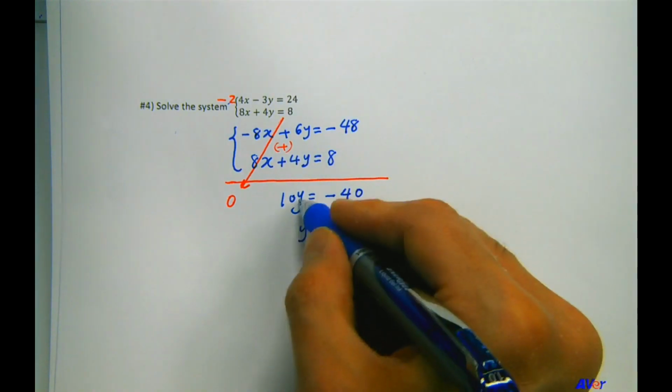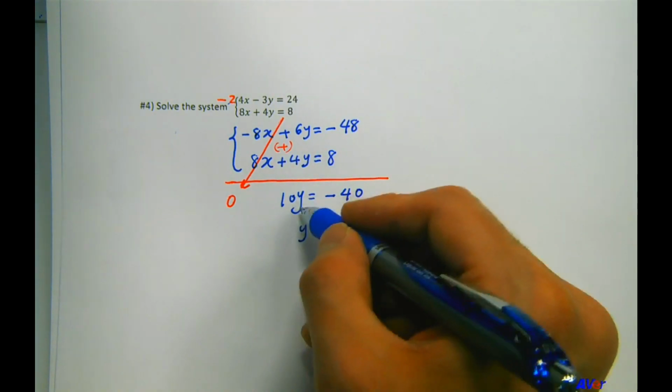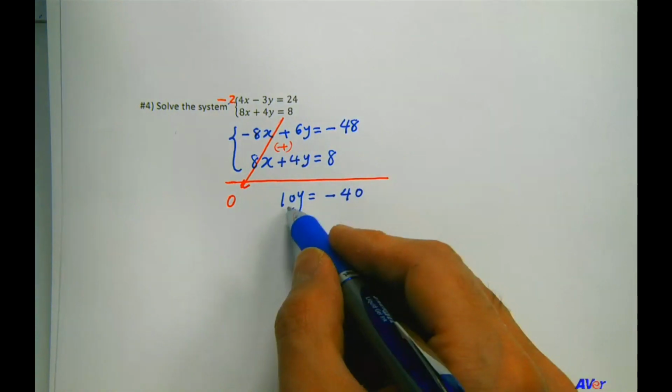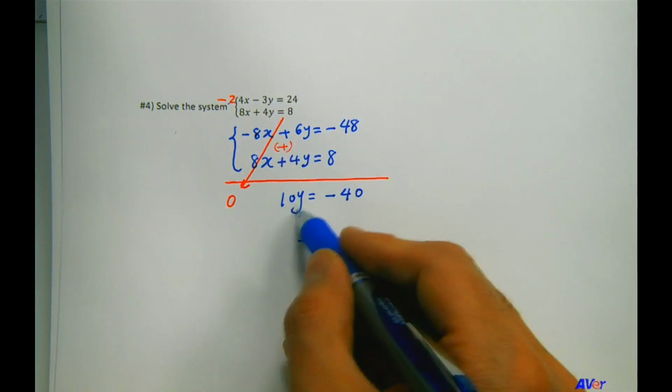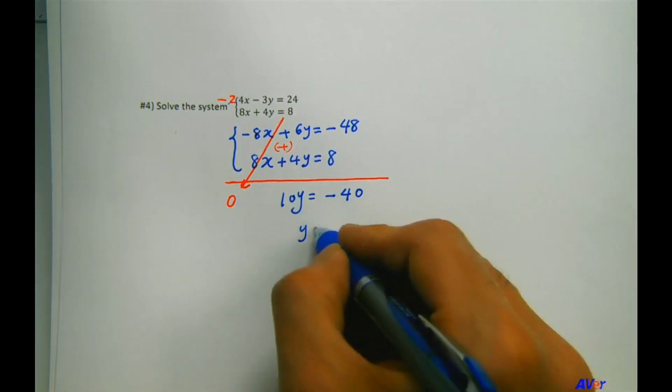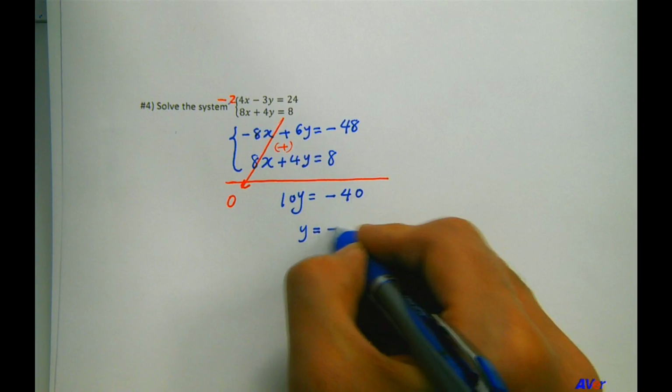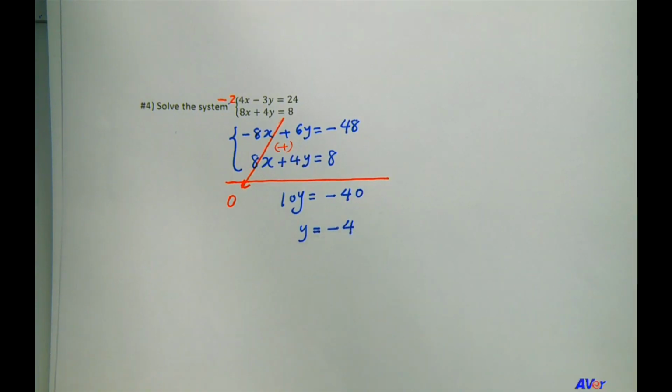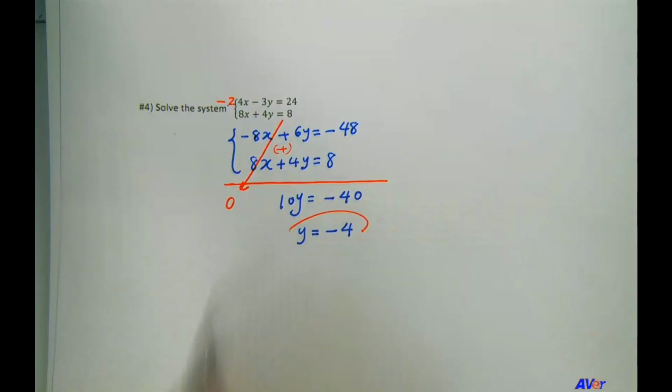So we're solving for y, so we need to isolate y. And 10 right now isn't allowing us to isolate y. So divide both sides by 10 to get rid of it. So y equals minus 4, right? Minus 40 divided by 10, minus 4. So that's one of the variables.